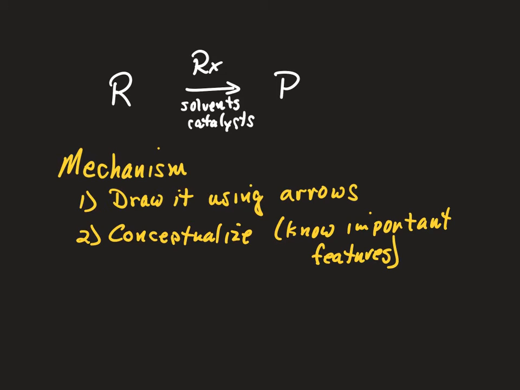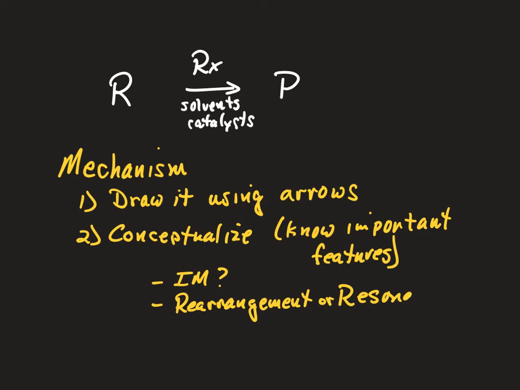And those important features would be things like, are there important intermediates, right? Carbocations or cyclic intermediates, right? Do we have to worry about things like rearrangement or resonance that affect our products, right?